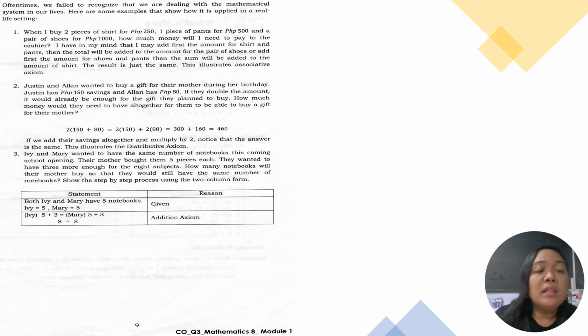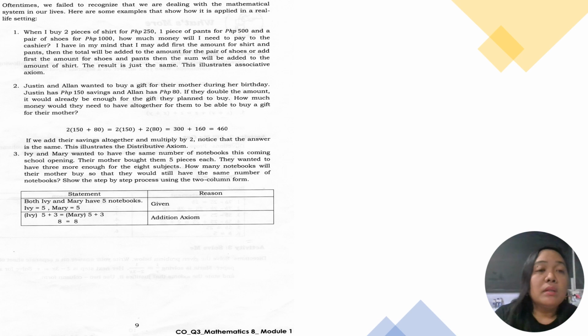No matter if you add t-shirt plus pants first and then add it to the shoes, or you add shoes plus pants and then the sum will be added to the t-shirt, the sum is still the same. So what axiom did we apply to that? That illustrates associative axiom.